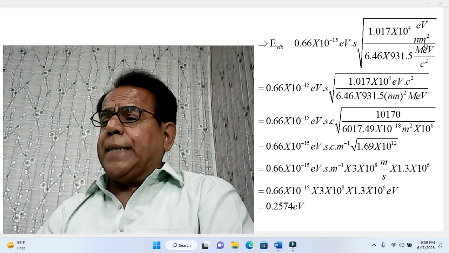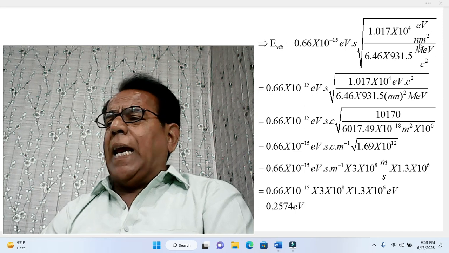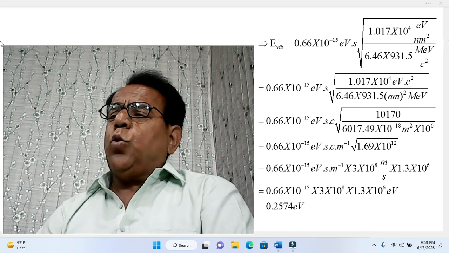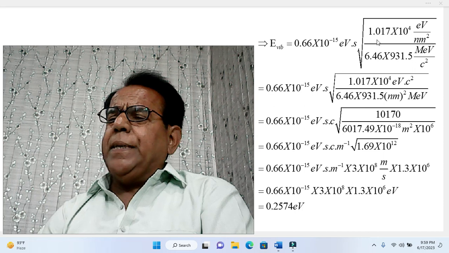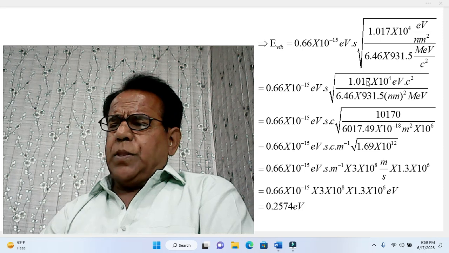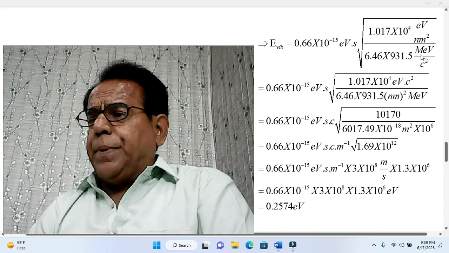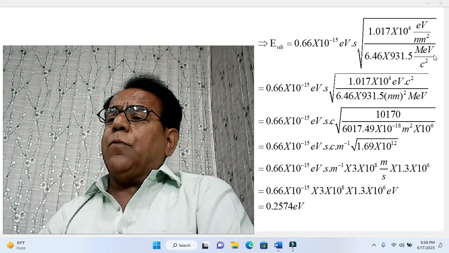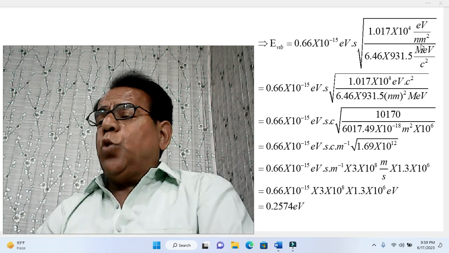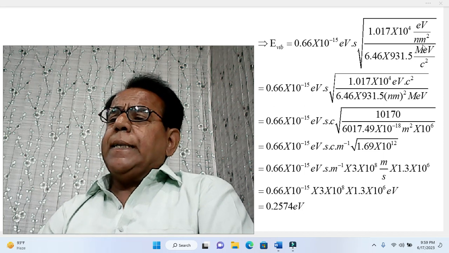This meter square of nanometer square will have a comparison with the meter square of c square, speed of light, so these two meter square may be cancelled or adjusted in one way or the other. One more simplifying step involves this million electron volt. This million stands for 10 to power plus 6, so this capital M will also be substituted by 10 to power plus 6.